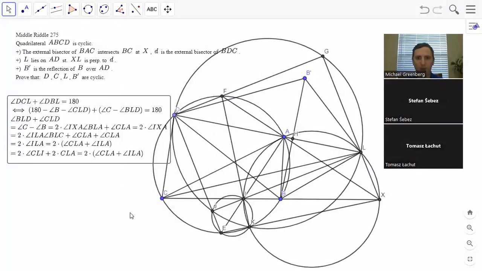So DCL plus CLD is 180 minus this, which is angle B. So I feel like this would just be angle B minus angle CLD.